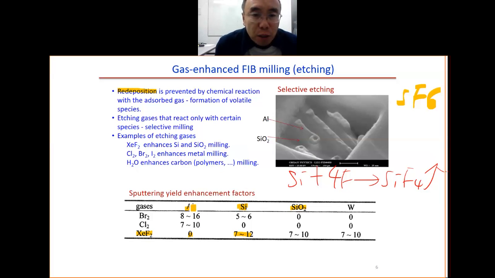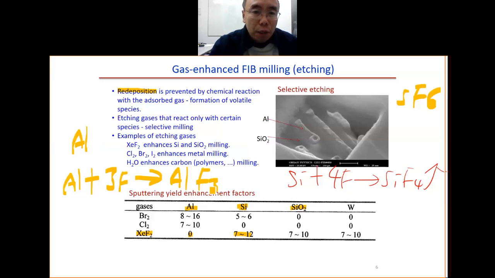So why will this gas not etch aluminum? We know that aluminum is also very reactive. When we have fluorine, it's very easy to form aluminum trifluoride. But the problem is that this material is a solid, so it's not volatile, whereas the silicon product is a volatile vapor.